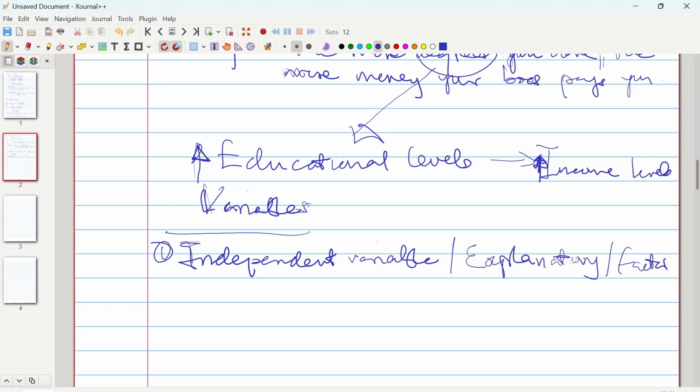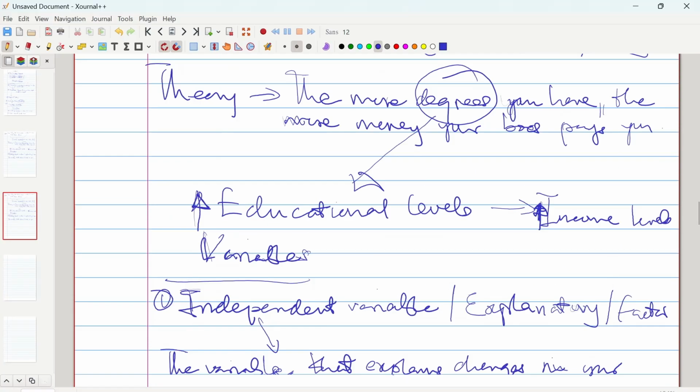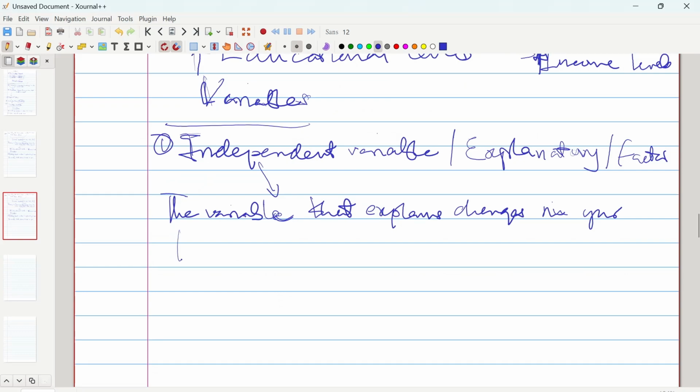Now, your independent variable is the variable that explains changes in your phenomena of interest.